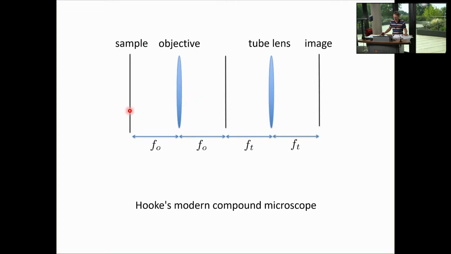So this is the essence of Hooke's compound microscope. Nothing has changed really. It's just a technology for us to make better objectives and better detection systems that allow us really to get much better image quality with these standard type microscopes. And of course, we have a much better physical understanding of what limits resolution than what was possible in Hooke's time.